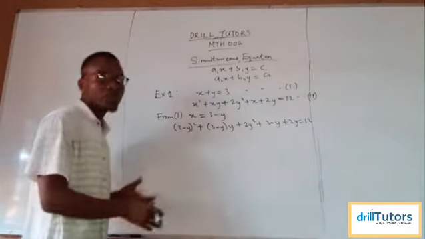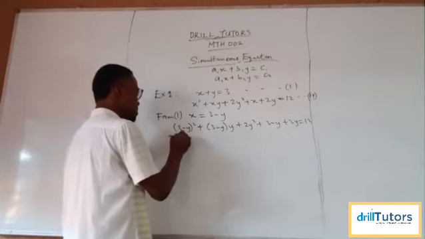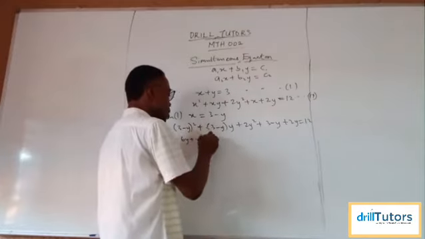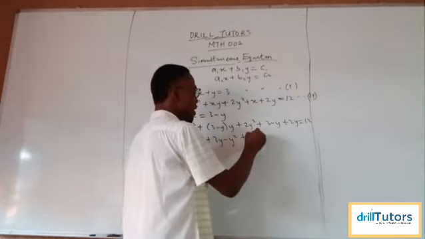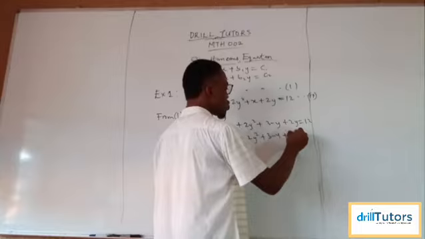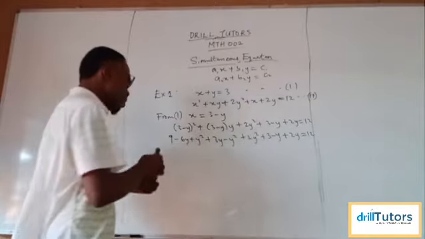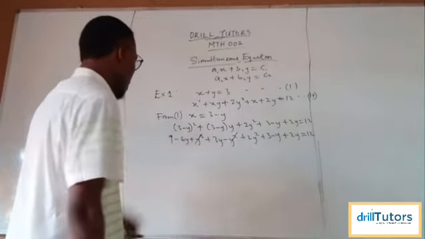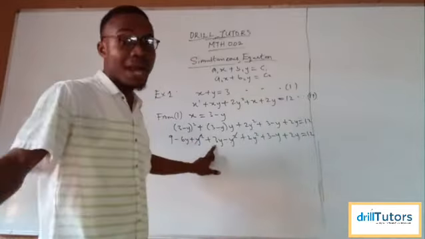What we have now is simply 9 minus 6y plus y squared plus 3y minus y squared plus 2y squared plus 3 minus y plus 2y equal to 12. If you look, this cancels out this. Then we have minus 6y plus 3y, that is minus 3y.